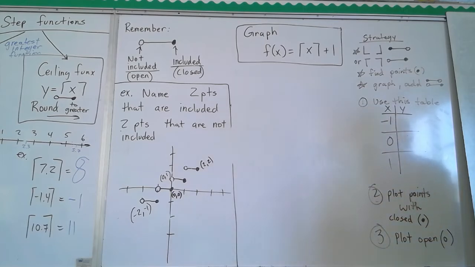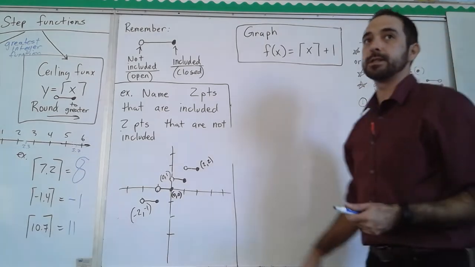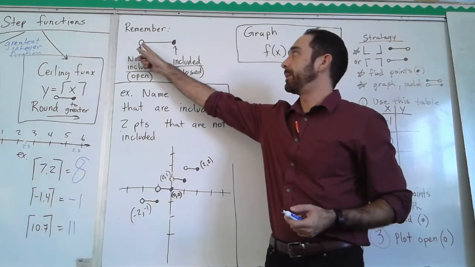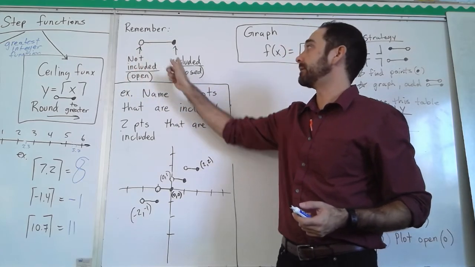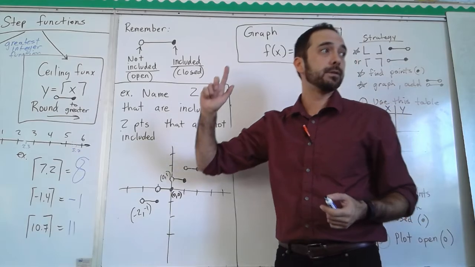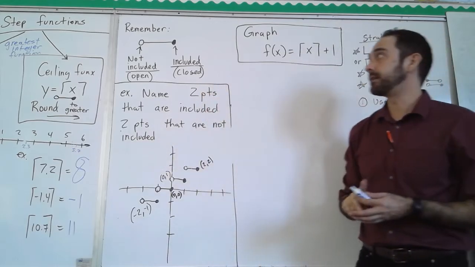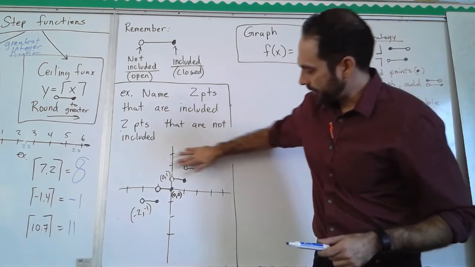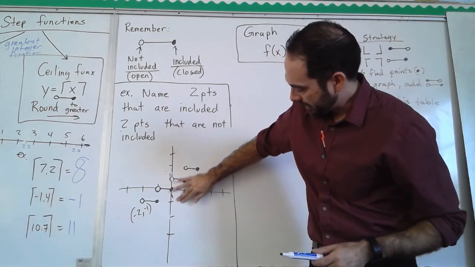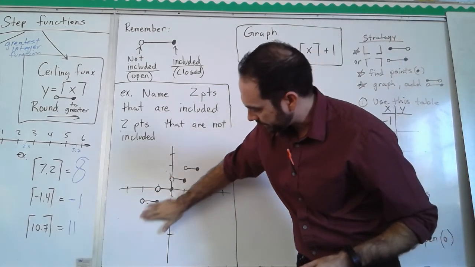So, just a couple reminders. Open dot, not included. Closed dot, we are included. So closed is filled in. And just real quick, if we look at this graph here, we're going to end up creating graphs that look like this.